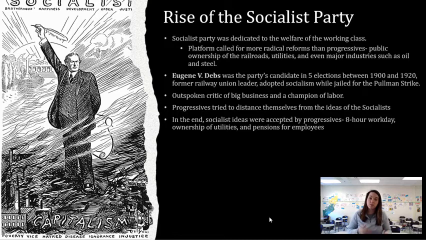But what's interesting, and one of the things that we'll talk about now, is that when we look at our society today, there are some of these things that we have applied. So an 8-hour workday, utility companies owned by the cities, pensions, workers' compensation, like if you get hurt at your workplace, the workplace pays for your healthcare or your care.